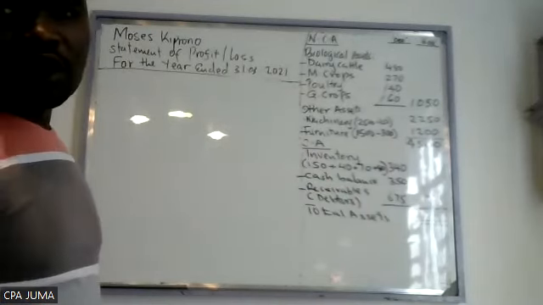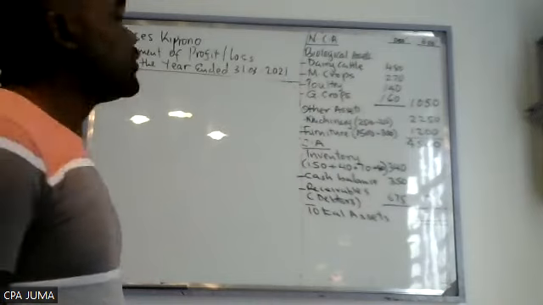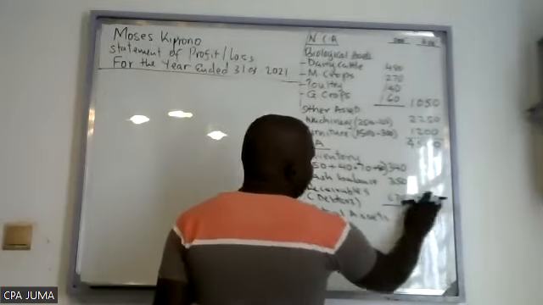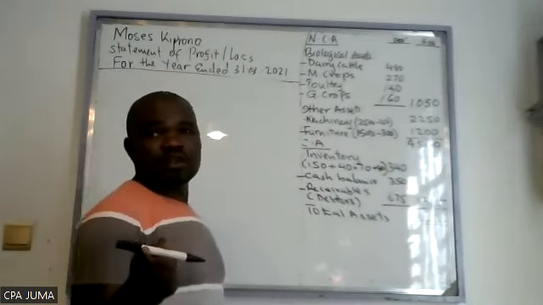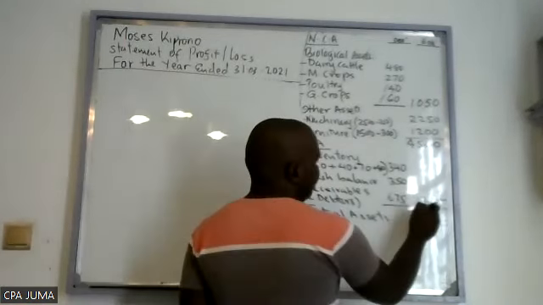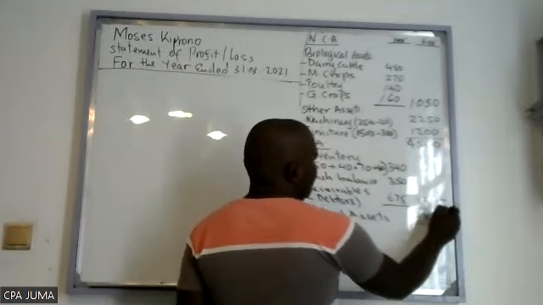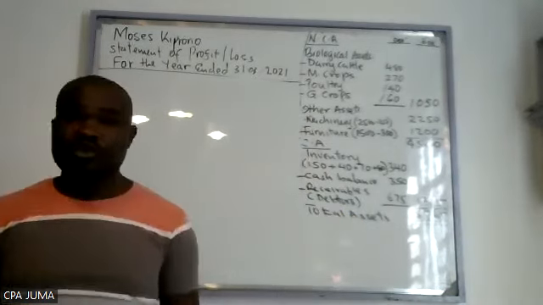The rest is 1365. So this is 1365. And total 5865. So have that.